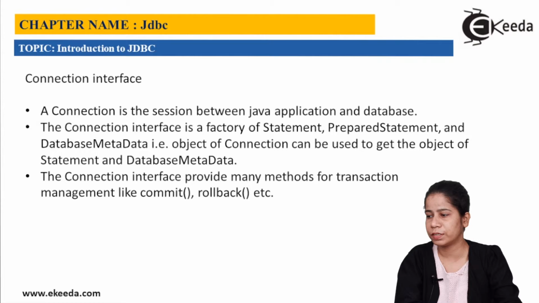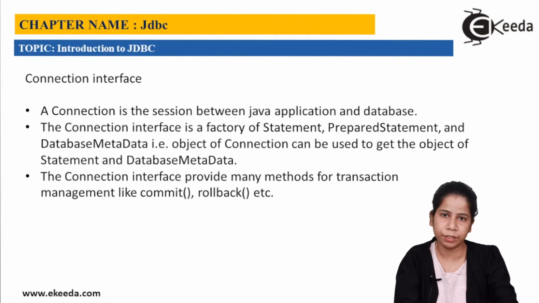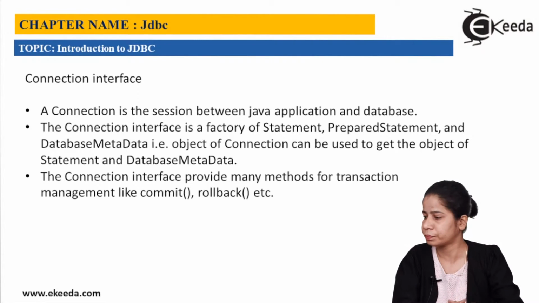The Connection interface is a factory of Statement, PreparedStatement, and DatabaseMetaData. These objects can be obtained from the connection. Directly you cannot do that because it is an interface, but we have many methods which return an object of Statement type, and metadata information can be taken, and so on.